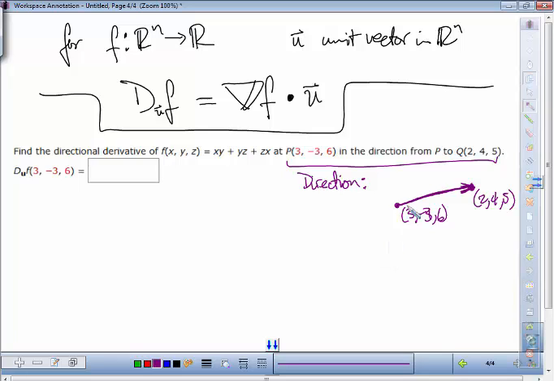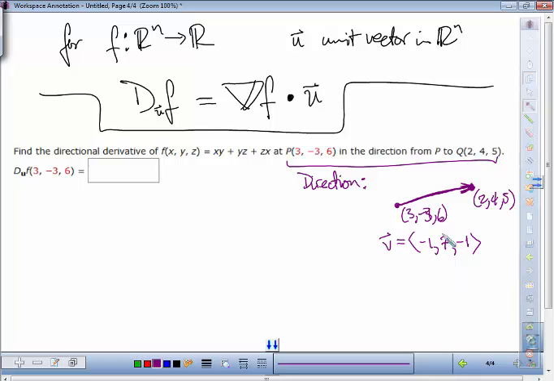Now, if we subtract them, we're going to get this vector. So let's do the subtraction. 2 minus 3, head minus tail, right? So 2 minus 3 is negative 1. 4 minus negative 3 is going to be a positive 7. And then 5 minus 6 is negative 1. So that's my vector, or at least that's the direction that I want.